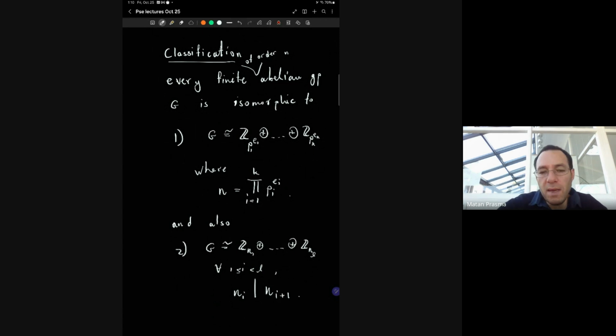And we use both of these forms, kind of canonical forms for abelian groups, to reason about abelian groups that we come across, mainly abelian groups that appear as elliptic curves.